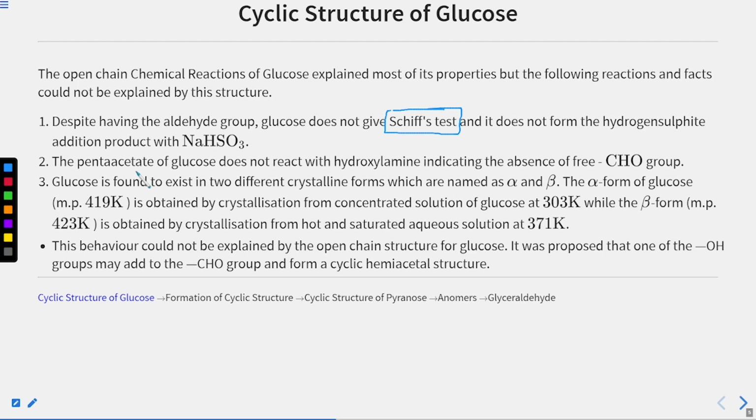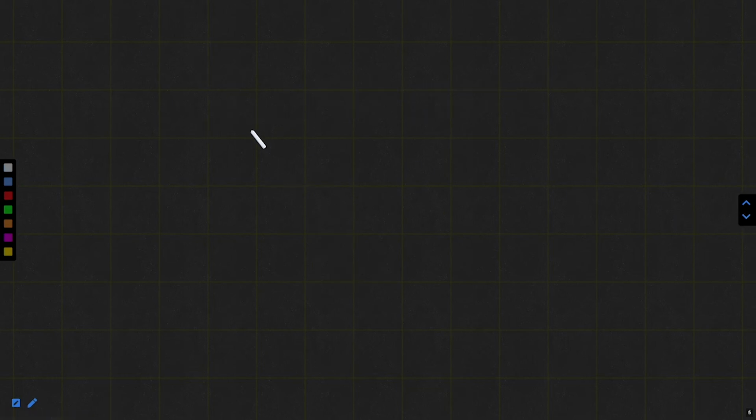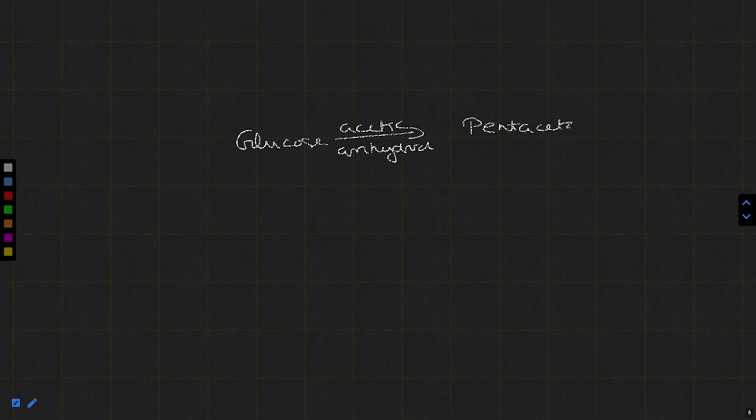Next is, if we treat our pentaacetate of glucose. If you remember what is pentaacetate of glucose, it was formed by the reaction of our glucose with acetic anhydride, to give our pentaacetate glucose.